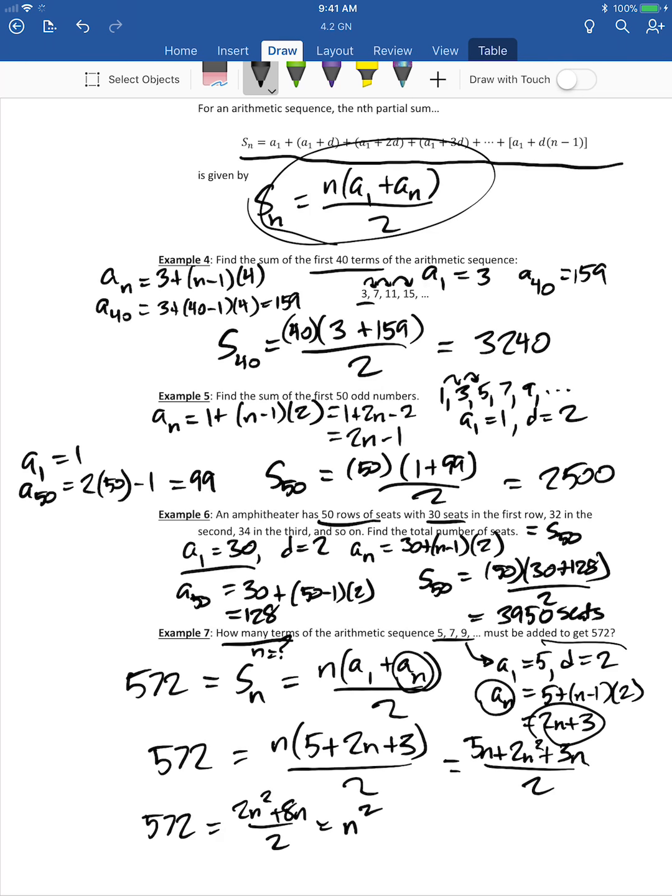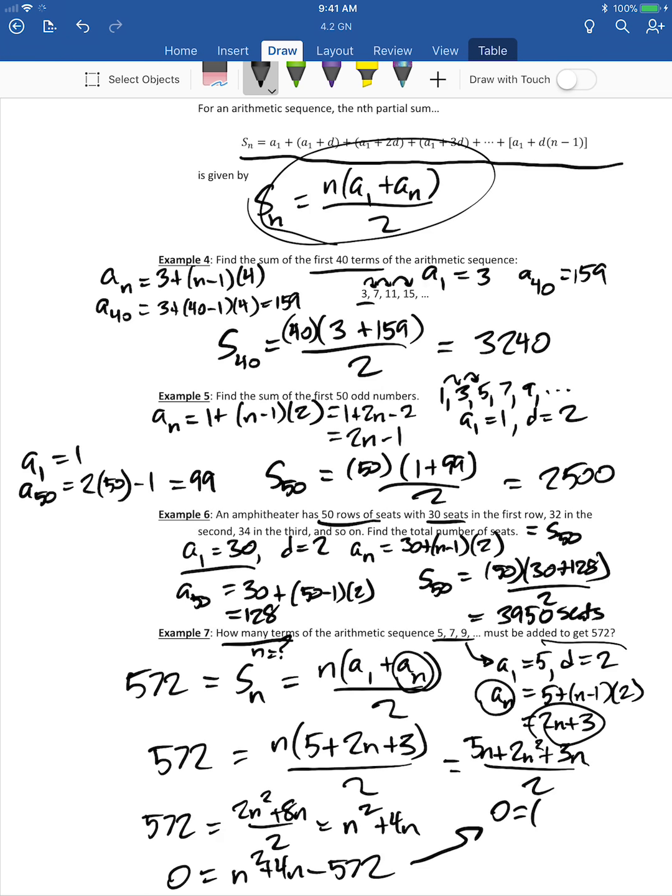Divide out the 2. I have something squared plus something to the first power. This is a quadratic, so subtract 572 from both sides. And now I need to factor. Either use your x, use the quadratic formula, I think would probably be easier in this situation. And whichever method you use, you can also complete the square, though I'm not sure why you would put yourself through that.